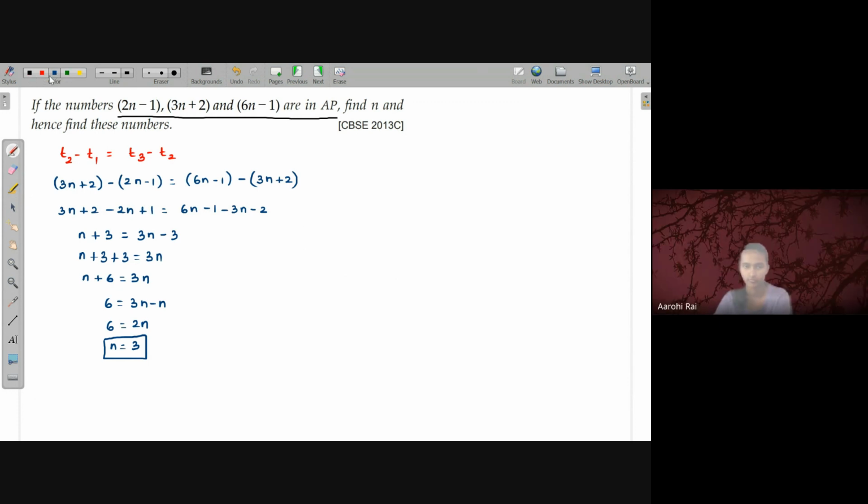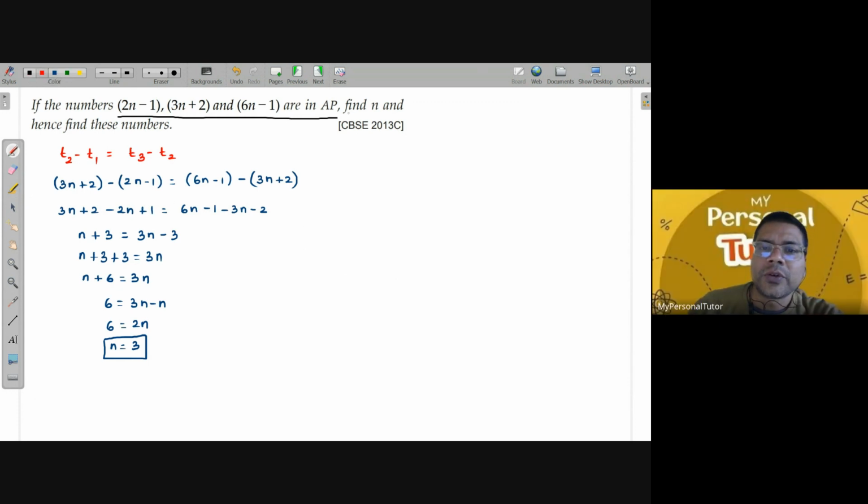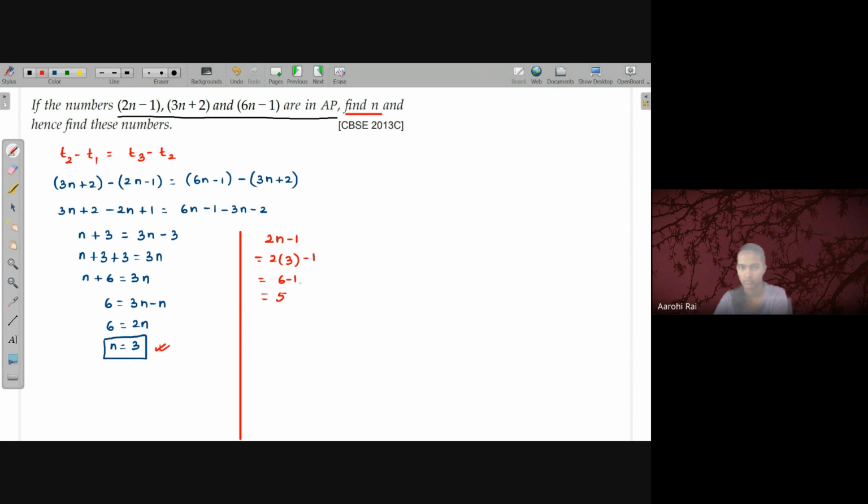All right. So now what they have told you is, find the value of n. So we have got the value of n, right, Arohi? Yes, sir. Now, once we get the value of n, we find these terms. First, we have to find the value of 2n minus 1, that is 2 times 3 minus 1, that is 6 minus 1, that is 5, right, Arohi? Yes, sir.